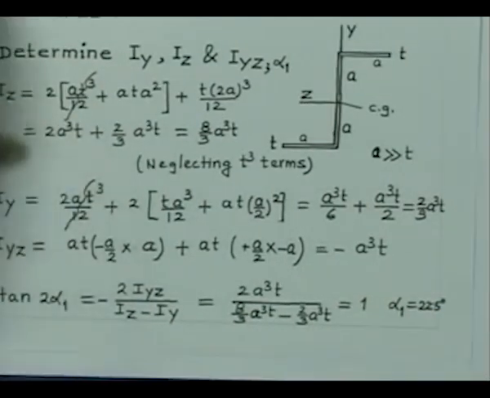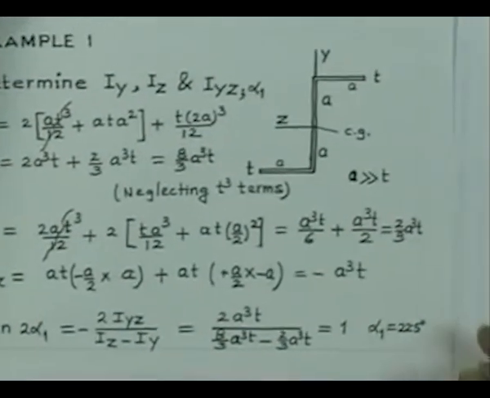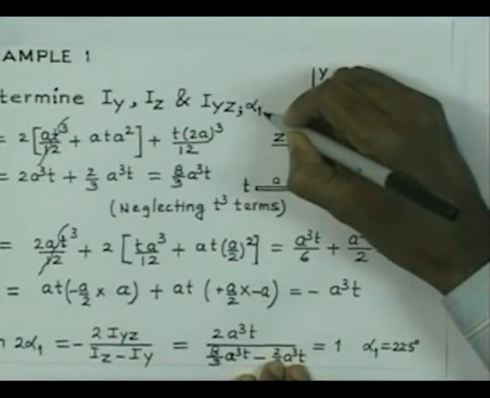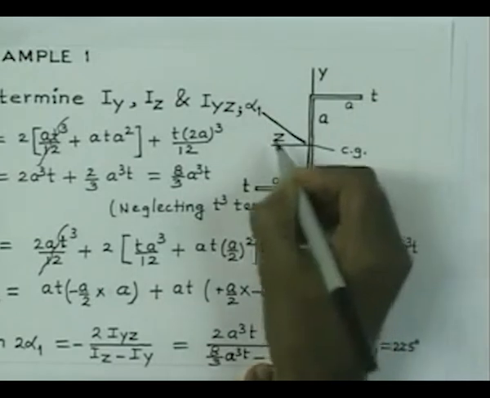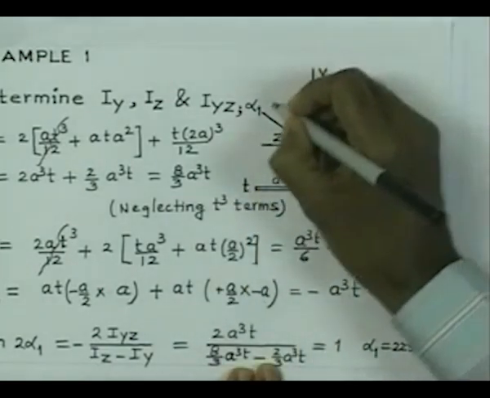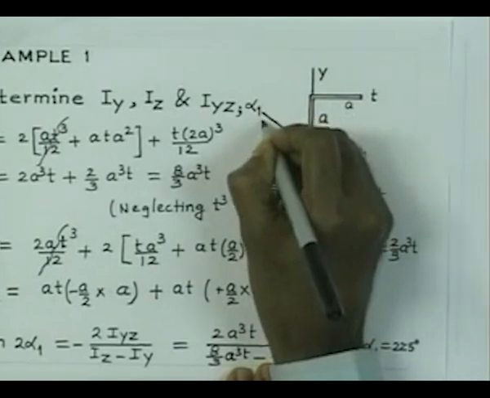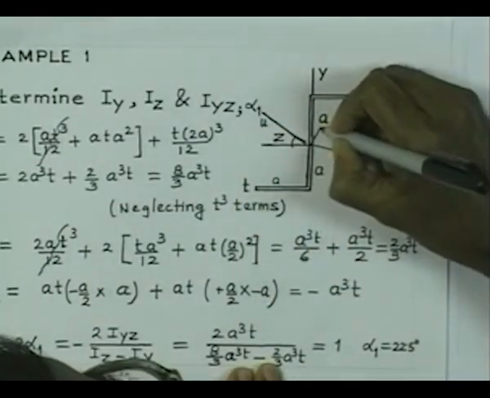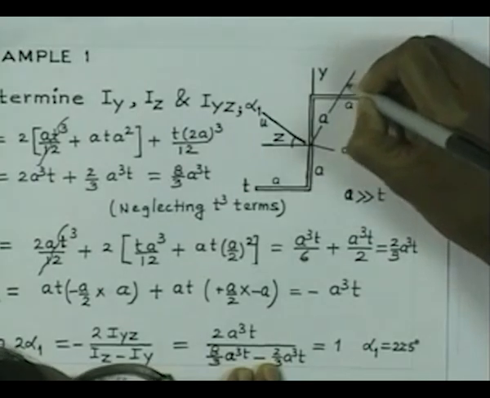Now, let us try to see how good was our guess. We now get the direction u1 to be like this, which is oriented at an angle of about 22.5 degree. Therefore, this is my direction u, and obviously the other direction v is like this.